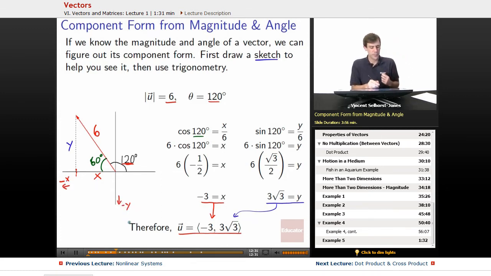Going this way gets us negative x values when we go to the left, just like going down gets us negative y values. So if we've got cosine 60, well, if you've got things inside of the triangle, you're just going to figure out the length of each of those sides. So cosine of 60 equals x over 6. So we'll get 6 times cosine 60, which is just 1/2, so we get that 3 equals x.